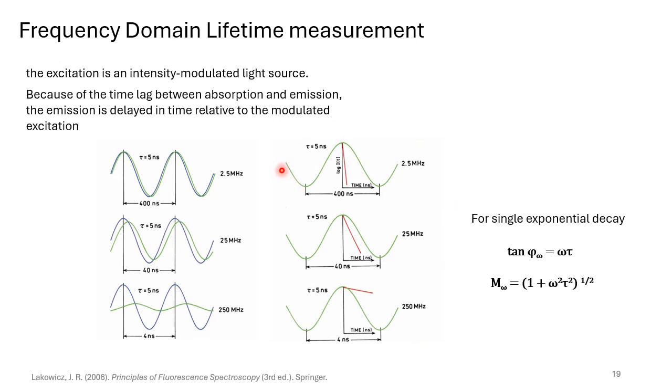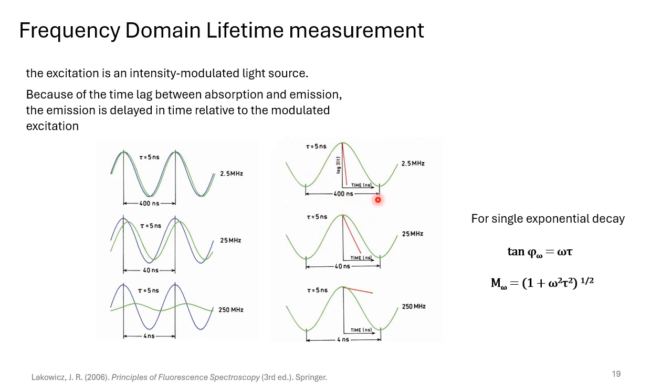So for this cycle, which has a range of 400 nanoseconds, this 5 nanosecond lifetime is a very small quantity. So it does not actually affect, or it is not that noticeable, because if we compare the two, then relative to this 400 nanoseconds, this 5 nanoseconds is a very small quantity.